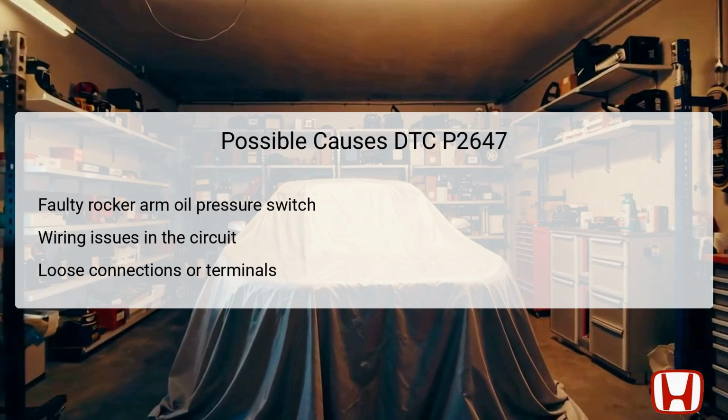Thirdly, loose or poor connections at the rocker arm oil pressure switch, rocker arm oil control solenoid, and the powertrain control module (PCM) are possible culprits, as they can create intermittent failures in the circuit. Identifying these causes is vital for narrowing down the problem and ensuring the right components are checked and possibly replaced, thus restoring the function of the VTEC system.